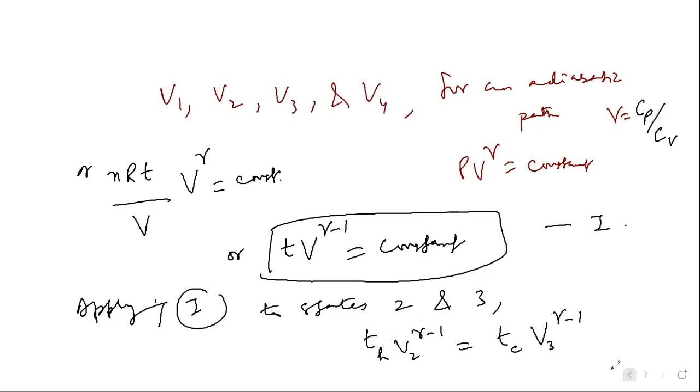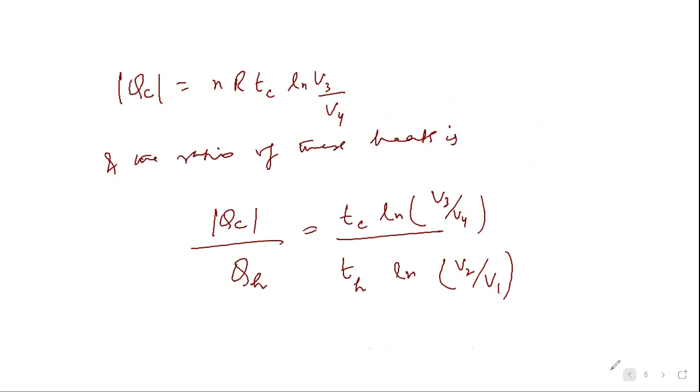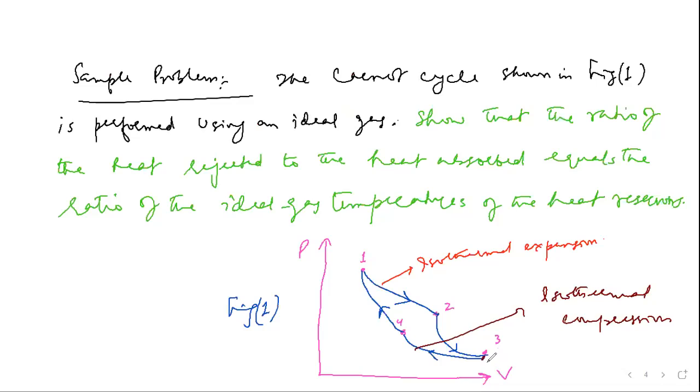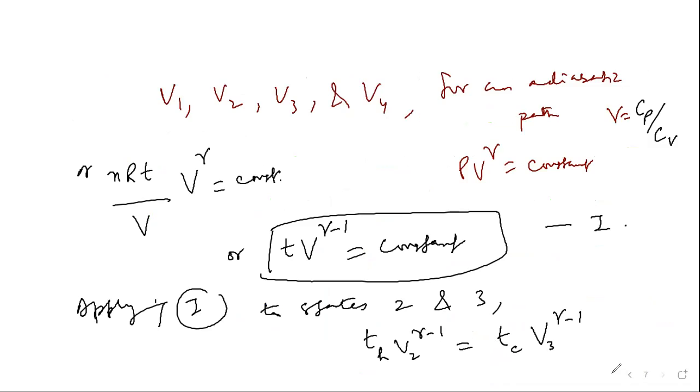Why so? Because at state 3, the gas has the temperature of the cold reservoir, and at state 2, it has the temperature of the hot reservoir. That's why this.